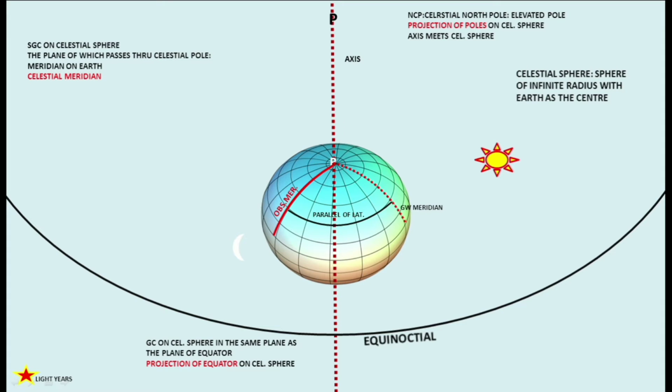Semi-great circles joining the poles, which we refer to as the meridians on Earth, are referred to as celestial meridians when we are talking about the celestial sphere.